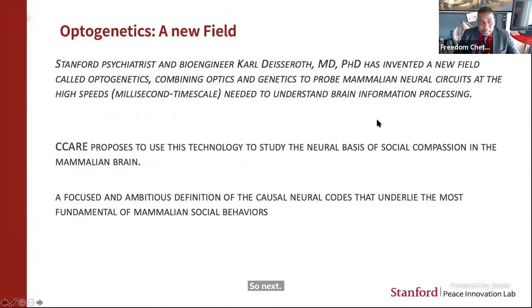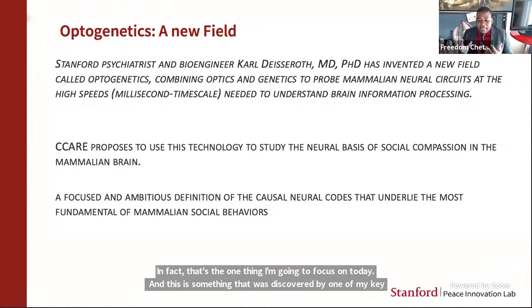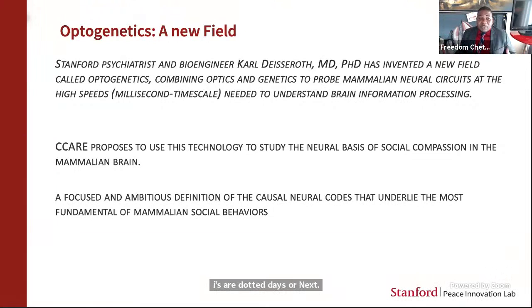Optogenetics was founded by Dr. Karl himself, in collaboration with Dr. Doty and myself. It's a new field that actually came out of our lab.